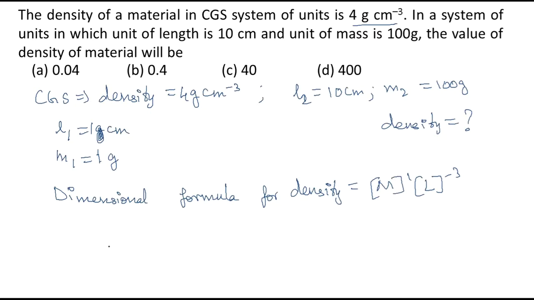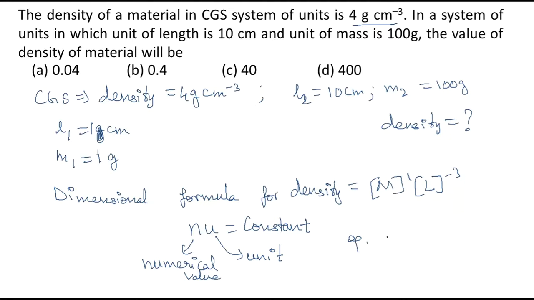Okay, then how can we find the density in the new system of units? We know nu equal to constant, one of the applications of dimensional analysis. N is the numerical value and u is the unit. For example, 1 kg is equal to 1000 gram.